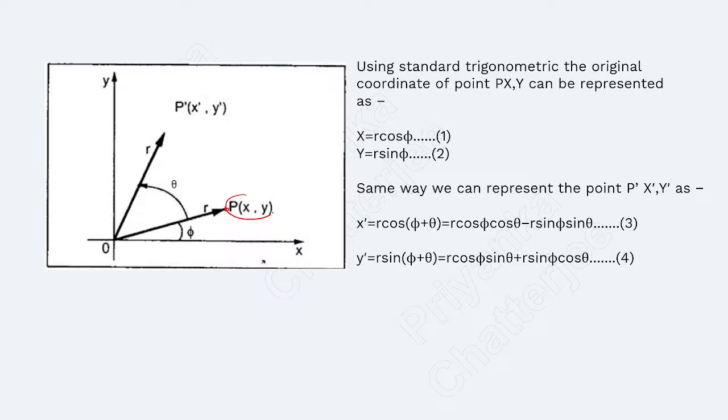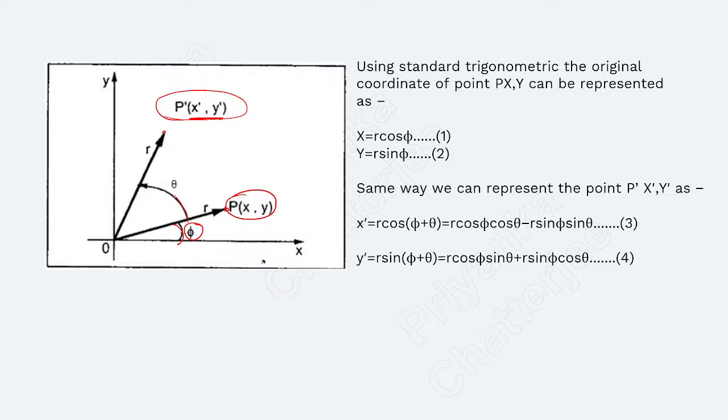Here is P(x, y). P(x, y) is rotating to this position, that is P(x', y'). Now whenever I am rotating it, I need to calculate the angle here. So initially my angle was phi.